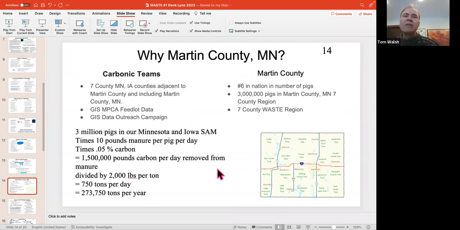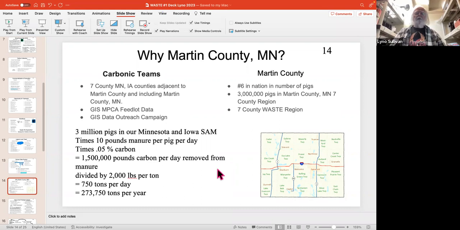Assuming that what you really mean is 5% carbon, then your numbers are right, but 0.05 would be wrong. Yeah, it's 5% carbon of one pound of solids from 10 pounds of liquid manure. With the water gone, it's 1 pound of solids, and from that it's 5%. But anyway, if anybody wants to double check that, I sure would like to know, because that would be excruciatingly embarrassing to have dropped a decimal point or added one.